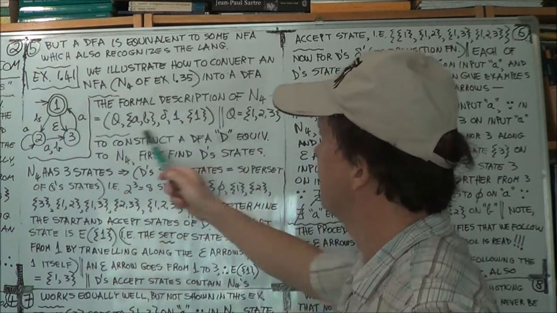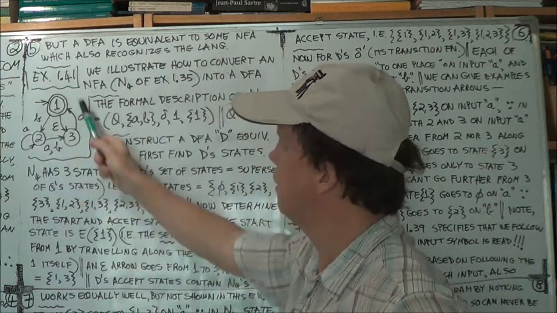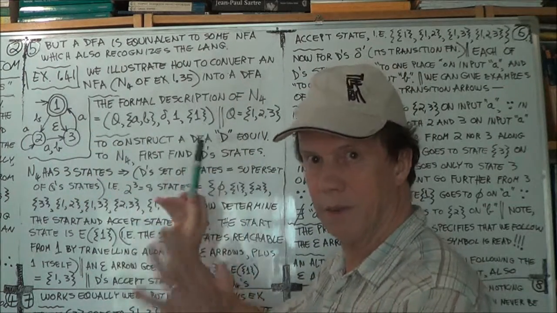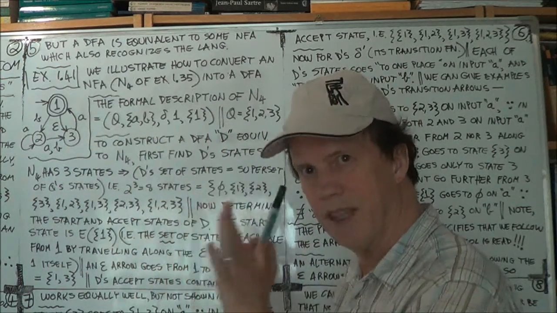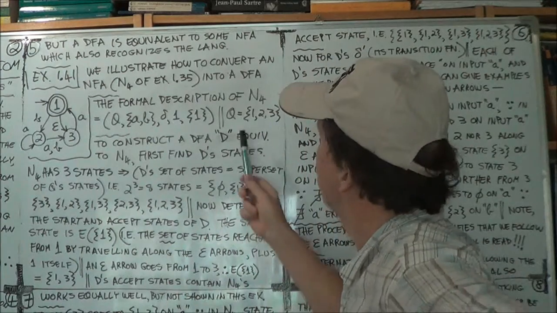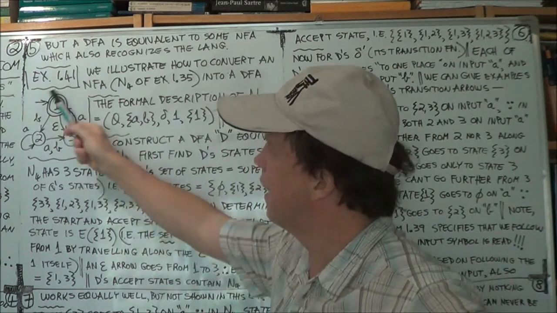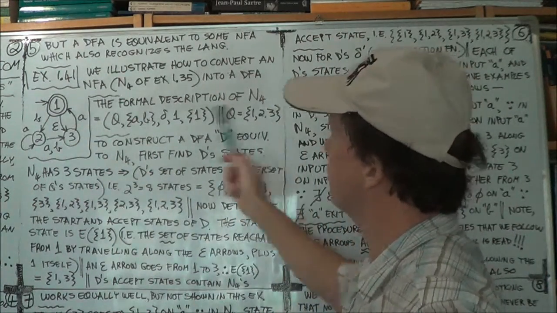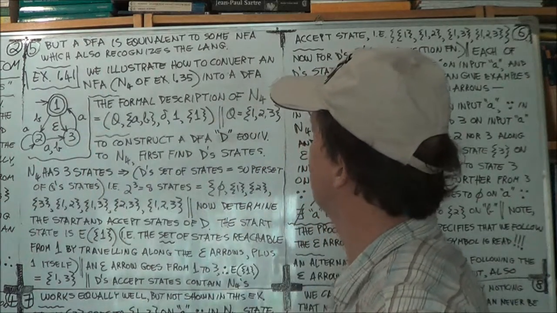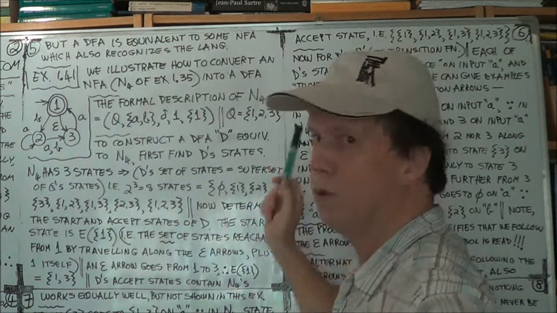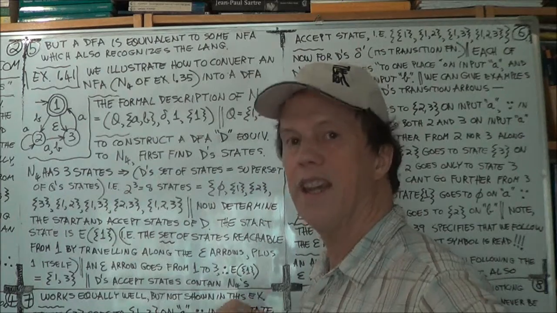Now the set of states for this NFA, not the DFA, just the NFA, is obviously just 1, 2, 3. That's your capital Q, the set of states of your NFA.